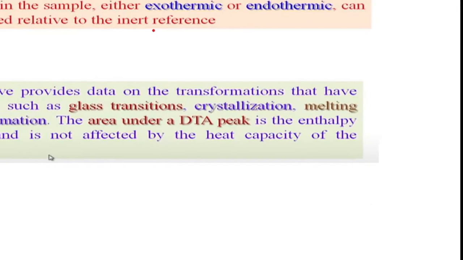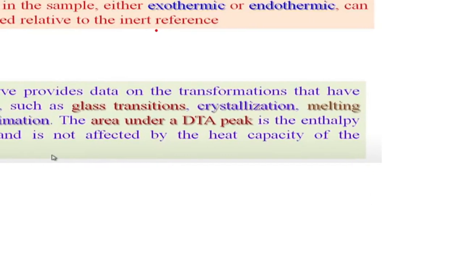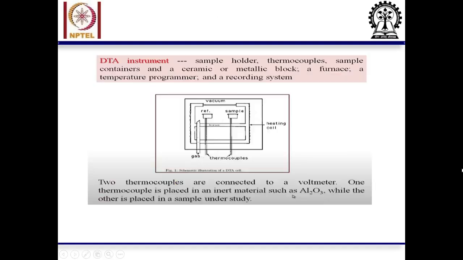This has already been covered in lecture number 14. So this is the DTA instrument, where we have a thermocouple connected to a voltmeter. One is placed in an inert material such as alumina, while the other is placed in the sample which we are going to study.